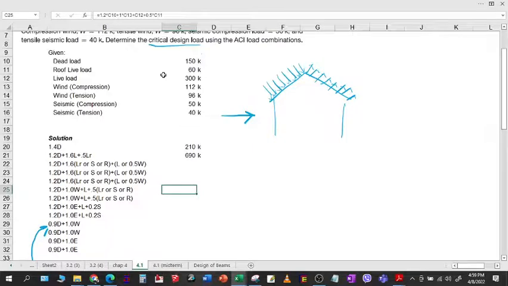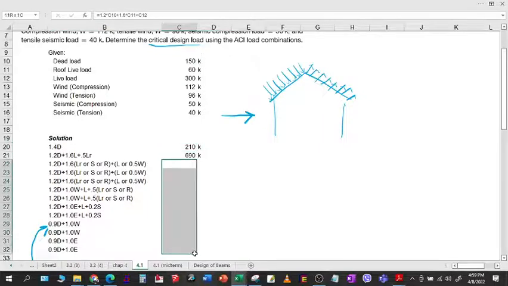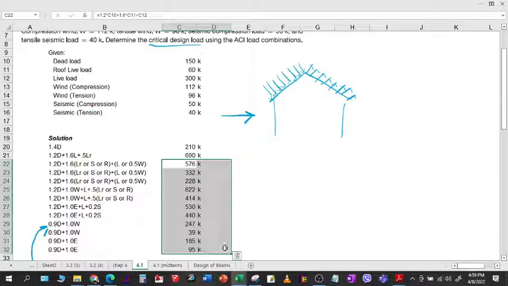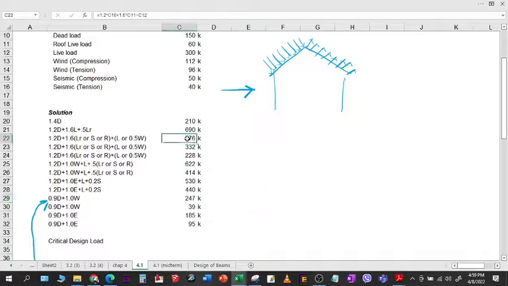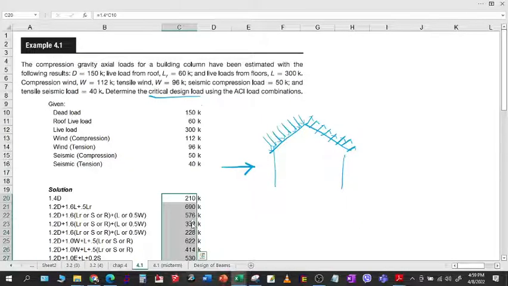You have here above the given loads and this one load combinations, and try to use your calculator and solve for all of the values of the different load combinations. So these are the values, and among all these values, what is the maximum? And that is what we are looking for as the critical design load.